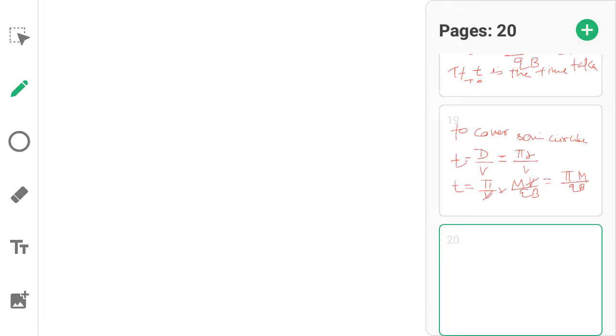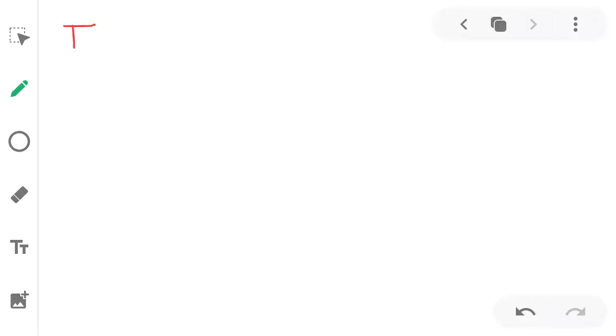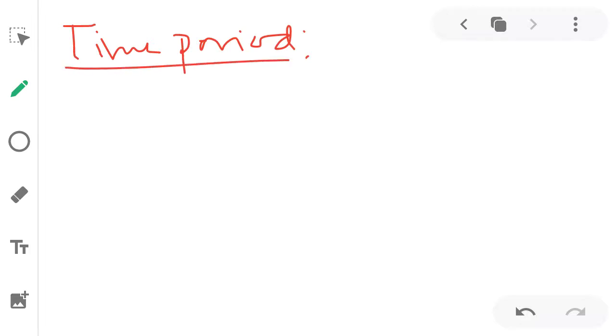Now we are calculating the time period of that oscillator, the time to complete one oscillation. Let T be the time period of the alternating electric field. Then the polarity will change after T by 2.